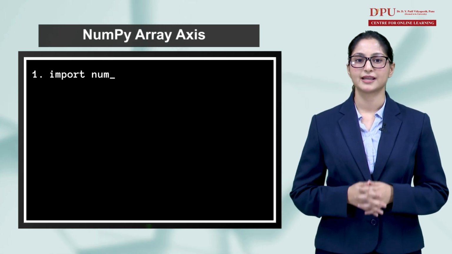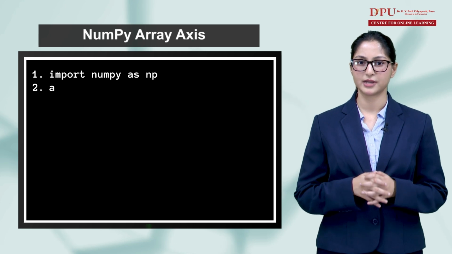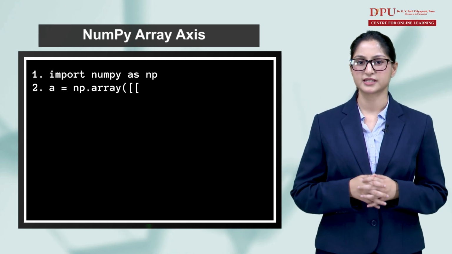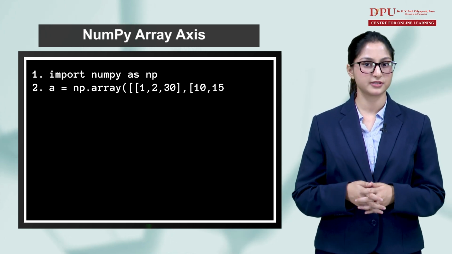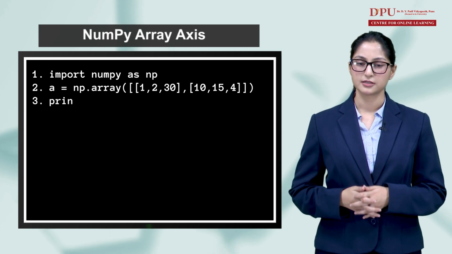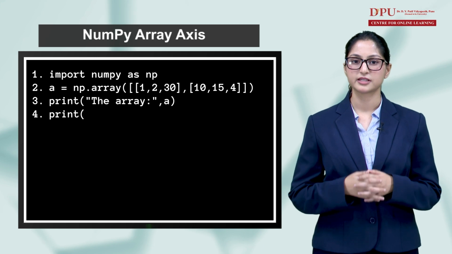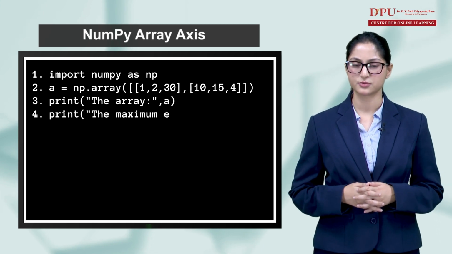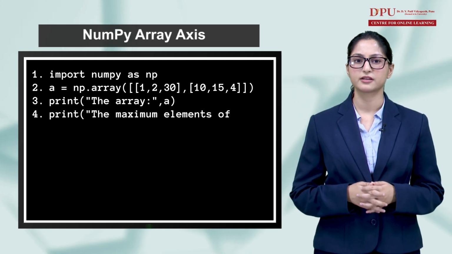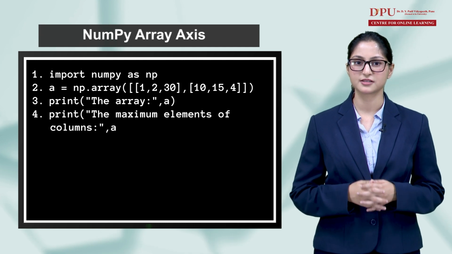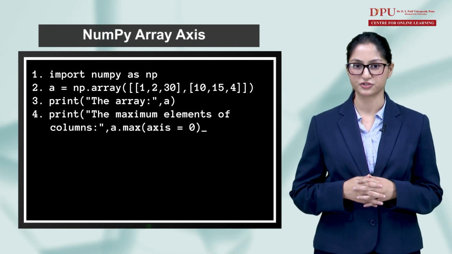Import numpy as np, a equals np.array. The following set of numbers are passed as parameters to the array method. Print "the array is", comma, a. Print "the maximum elements of columns is", comma, a.max with axis equals 0 as parameter to the max function.